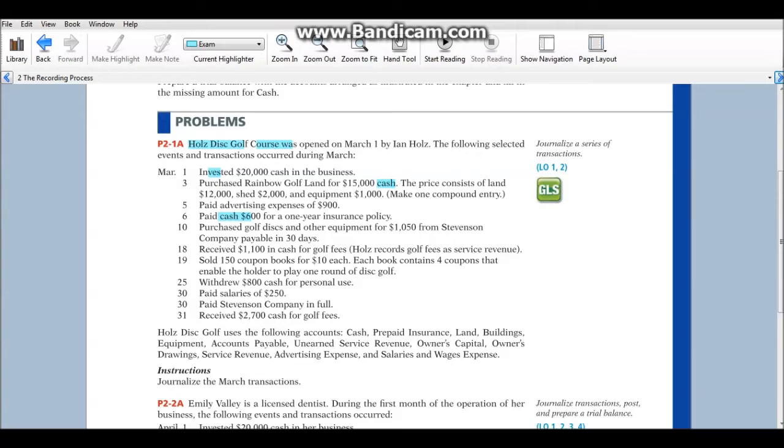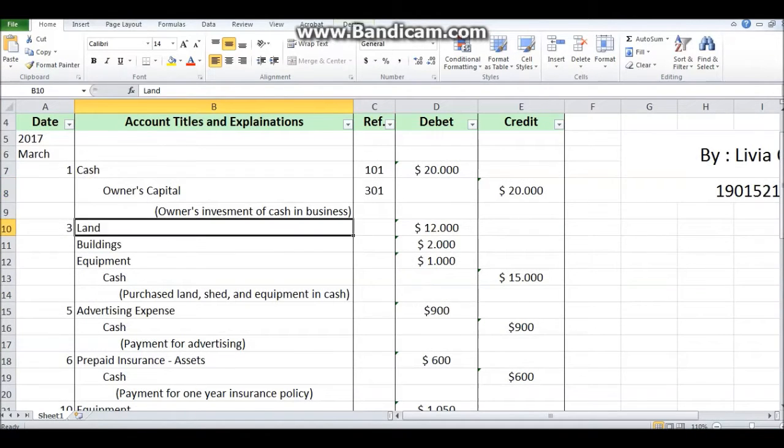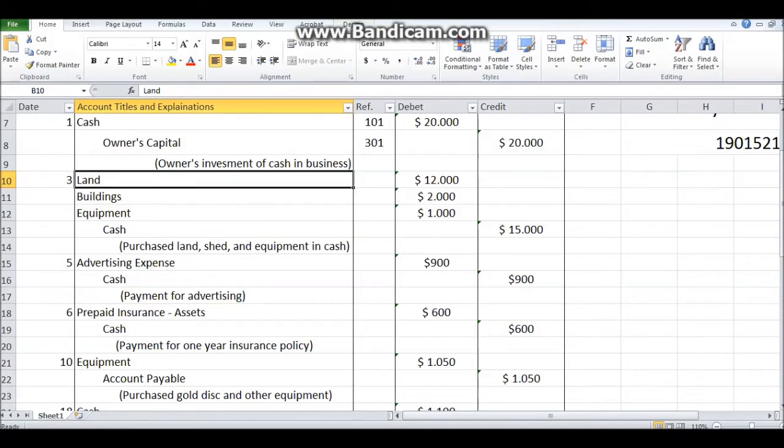The thing is that you should make one compound entry. So if you can see the answer, all of these three transactions are made into one. Land, building, equipment for 12,000, 2,000, 1,000 respectively, contra to cash.